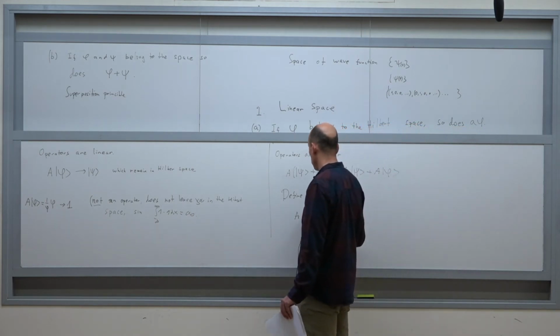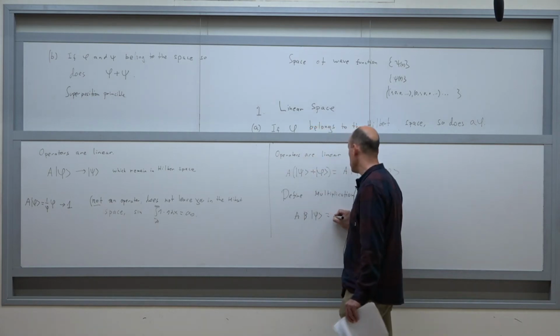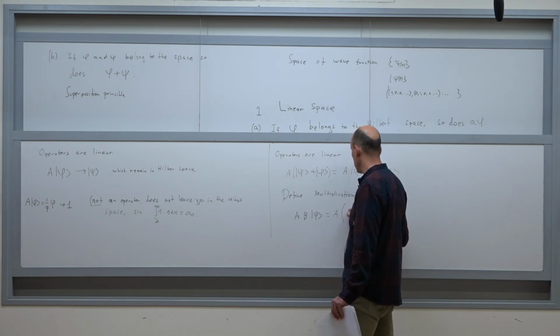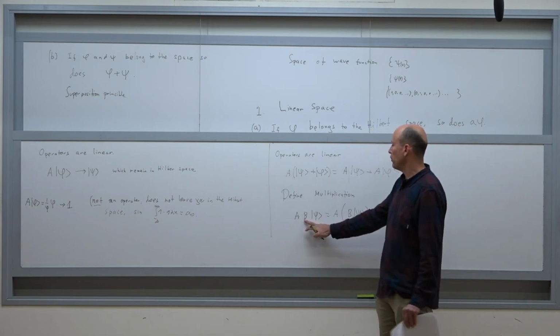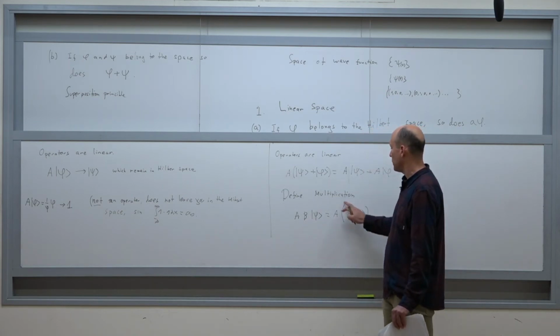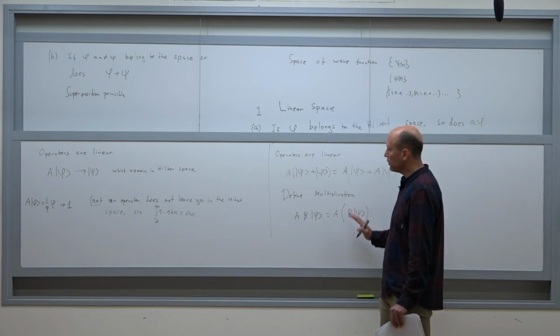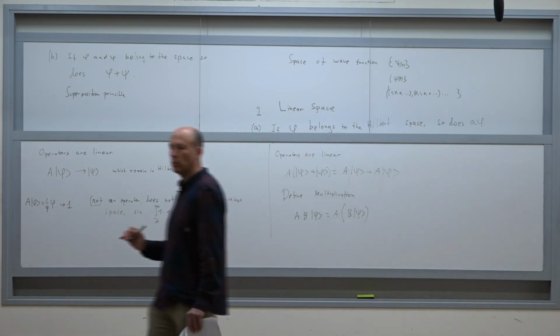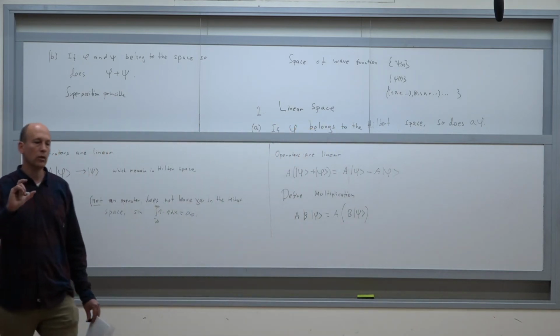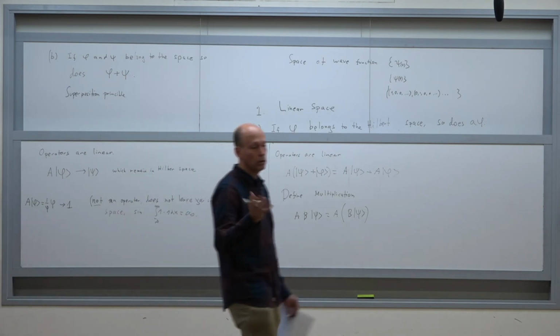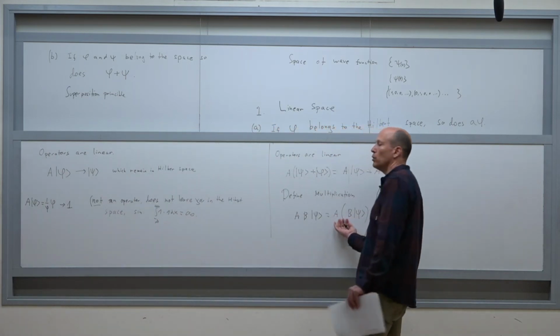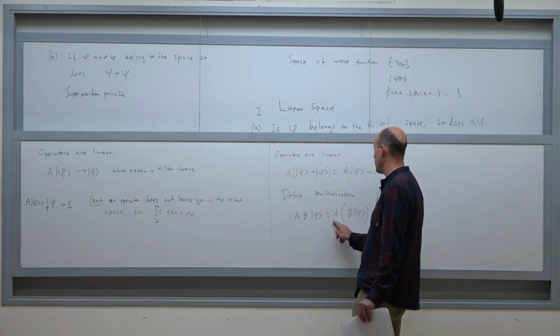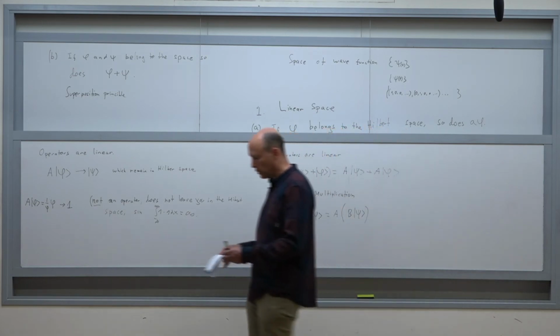A times B times psi. What does this mean? You know this. It's A, and I write it like this, B times psi. And this means that you first need to act with B on psi. After you do that, then you act with A. So the order of operations is important, and we already know this because this means that operators are not necessarily commuting. You cannot just switch the order here. First act B on psi, then A. Things must be ordered, and you must take care.